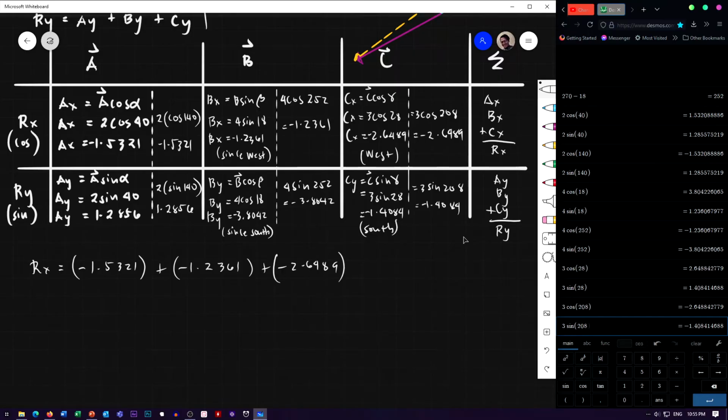So our r sub x is going to be equal to, let's try to add. After arriving at this point, you may now return the unit.